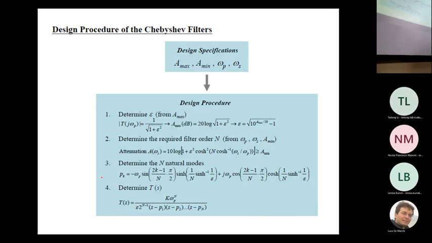And then you will pick up the strategy to define the pole position. Once you have the pole position, you can group them in complex conjugate pairs and find the second order transfer function which corresponds to each complex conjugate pair.